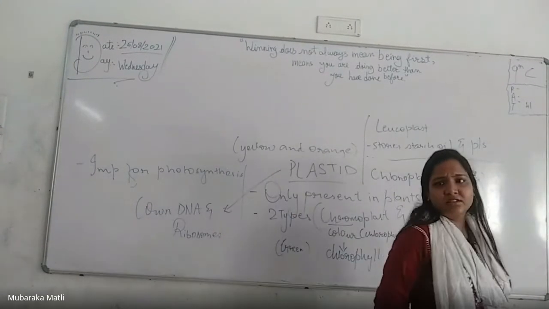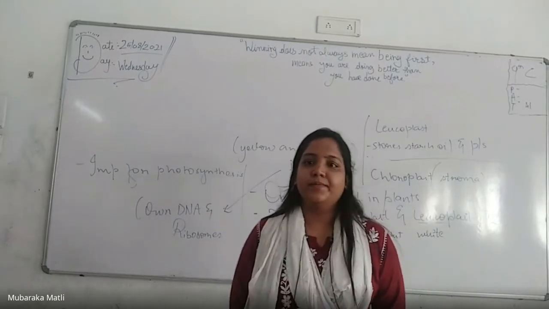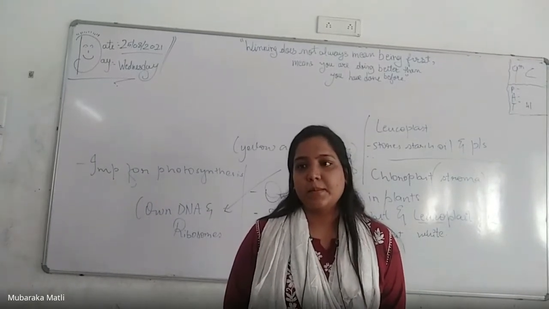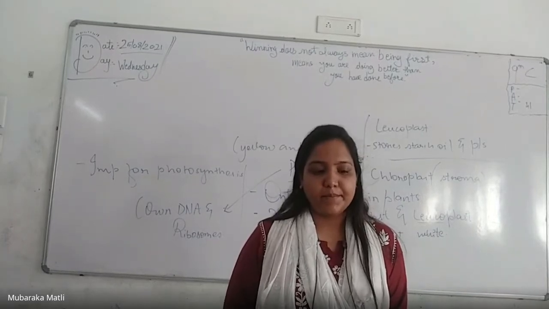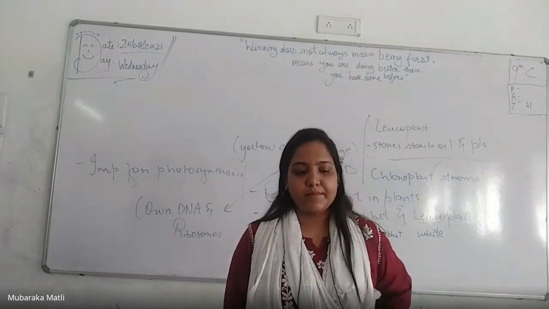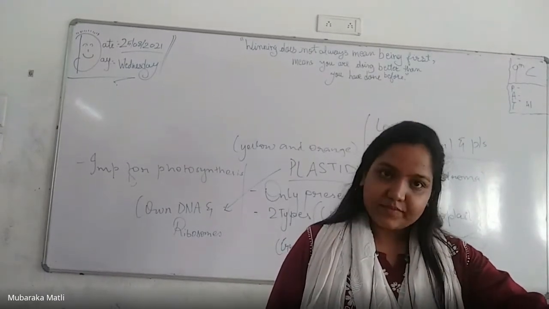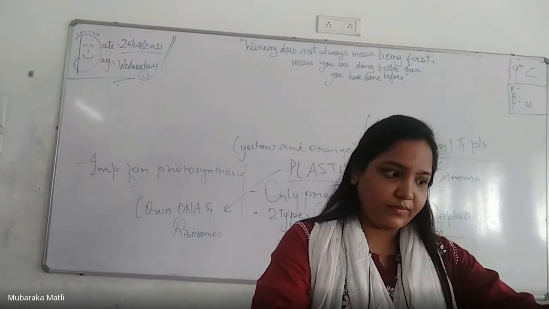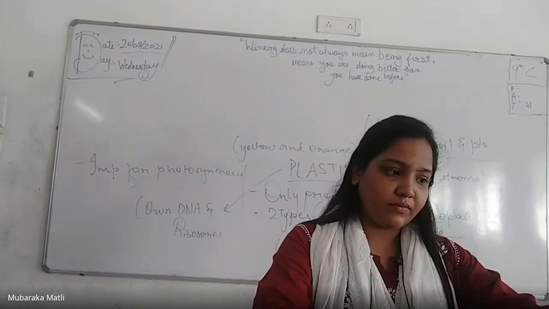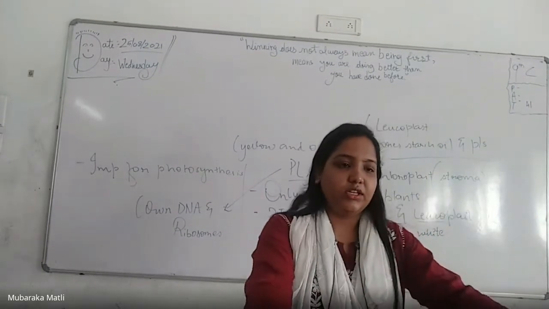Okay, very good. And there is a yellow and orange also. Chloroplast stores starch, oils and proteins. It contains stroma, and they have own DNA and ribosome. Great. Sit down. Okay. Done.